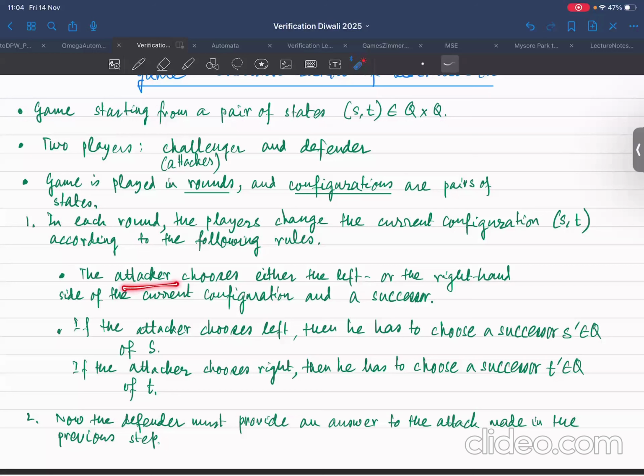The attacker, or the challenger, chooses either the left or the right hand side of the current configuration, and a successor. If the attacker chooses left, then he has to choose a successor S' of S. If the attacker chooses right, then he has to choose a successor T' of T. Clear?